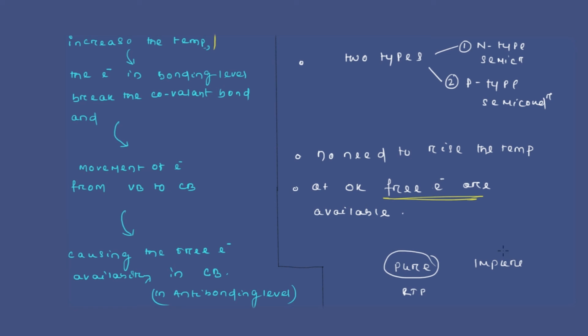But in case of impure semiconductor, even at 0K, forget about room temperature, which is 300K, even at 0K also, you get the conductivity, you get the free electron availability near the conduction band. But in pure semiconductor it is impossible. That is the entire point of our discussion. That is the only point.